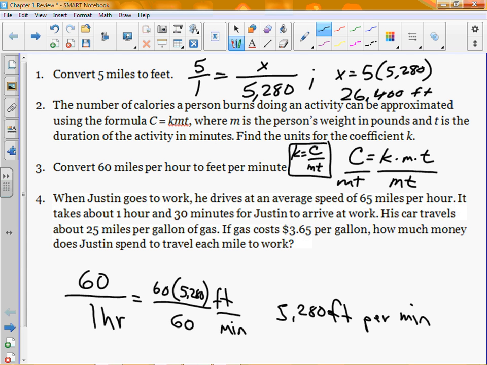If you understand that this is 60 miles per hour and this is feet per minute, all I have to do is convert hours to minutes. That's 60. So I changed my number up here to feet. So 60 times 5,280, and I cancel out those 60s, and I find out it's 5,280.